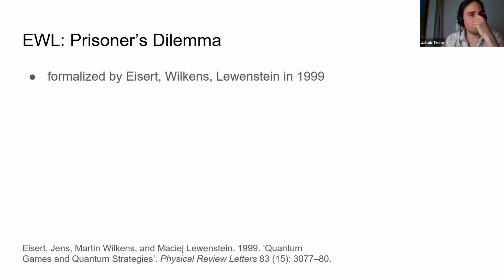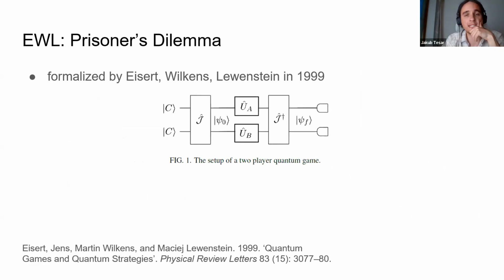And I will end my talk with probably the most famous paper, written by Eisert, Wilkens, and Lewenstein in 1999. They also tried to deal with Prisoner's Dilemma, but they introduced a more general scheme, to play with the concept of entanglement more than just introducing one of the possible options. So what we have here is basically a quantum circuit.